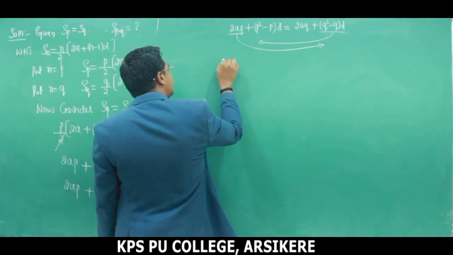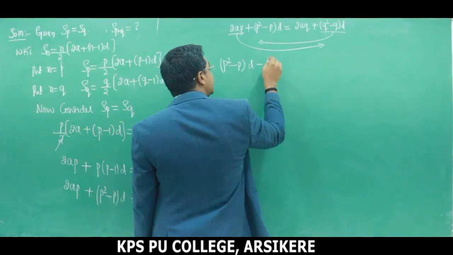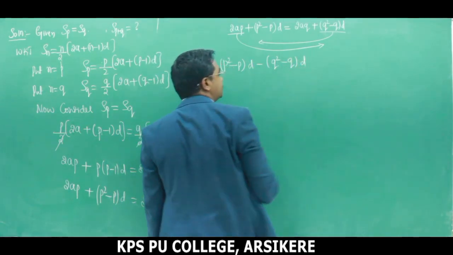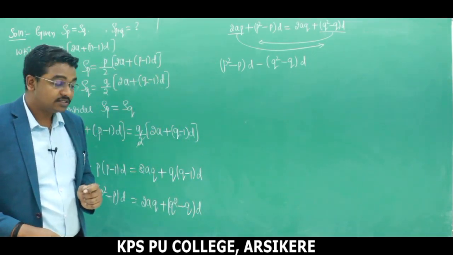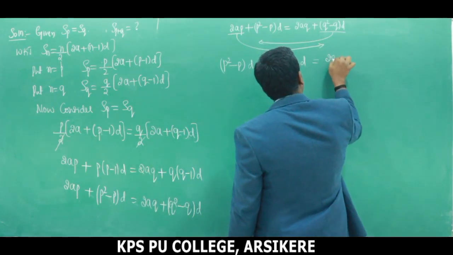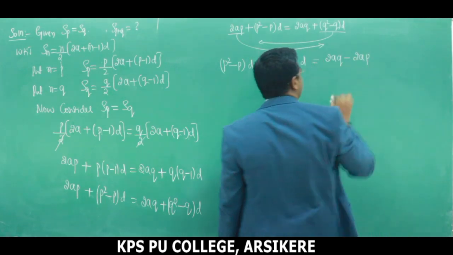So we have p square minus p into d minus q square minus q into d is equal to 2aq minus 2ap.